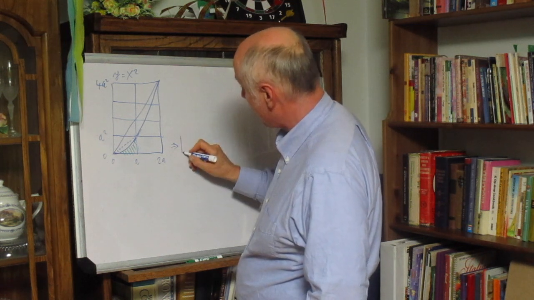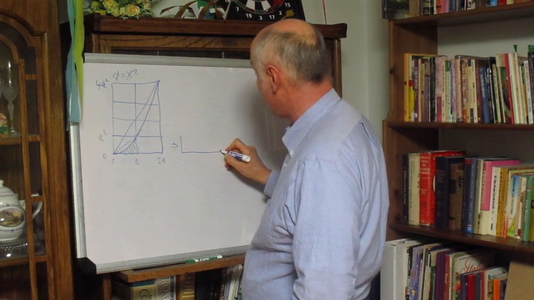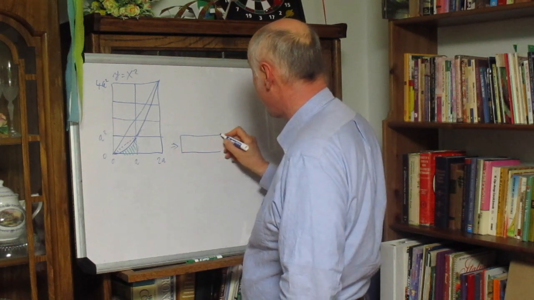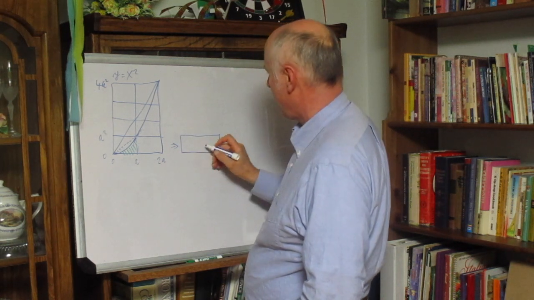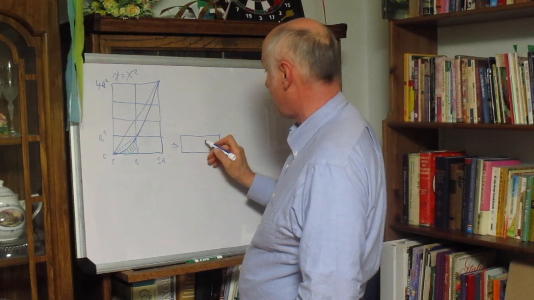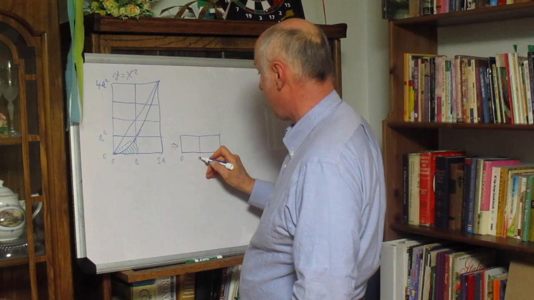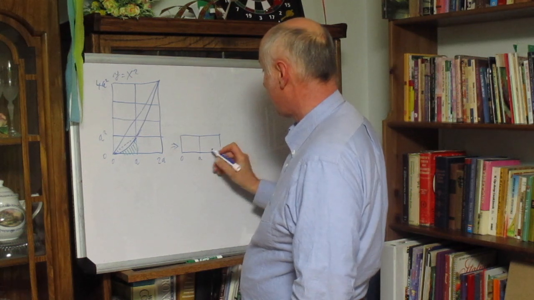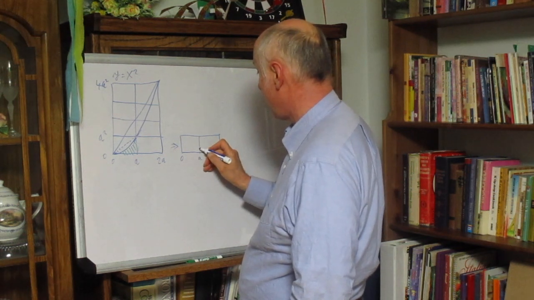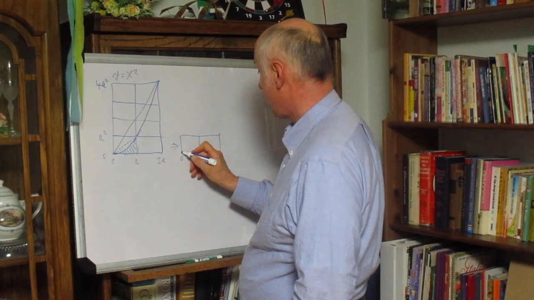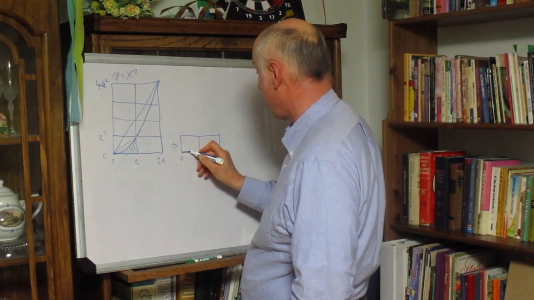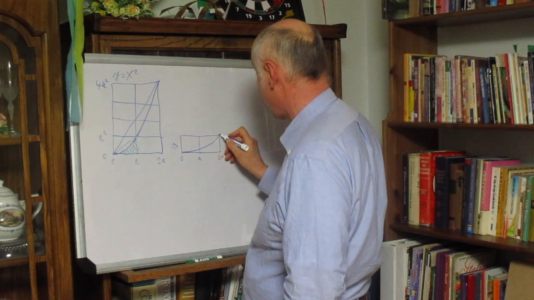A, 2a, and of course 0, a, 2a. It will look like this.